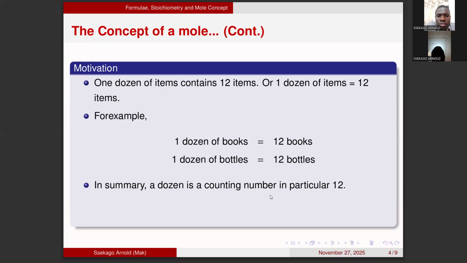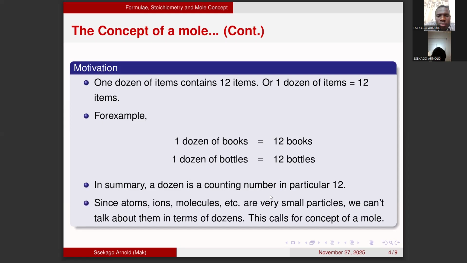Using the concept of a dozen, now we introduce the concept of a mole. Since a dozen is a counting number, a mole similarly is also a counting number. However, atoms, ions, molecules, etc., are all very small particles.